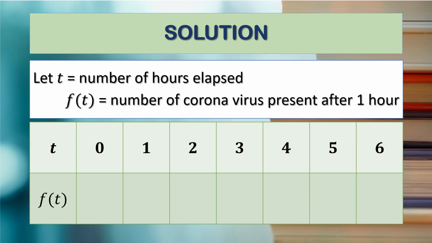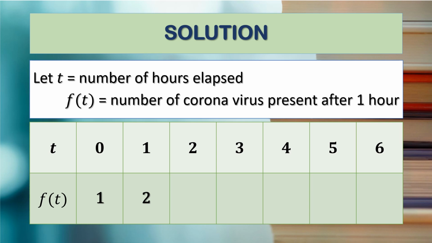Initially, the number of coronavirus cells is 1, since it started with a single cell. Based on the given problem, the virus divides itself by 2 after every hour. So at time 1 hour, the number of cells is 2.